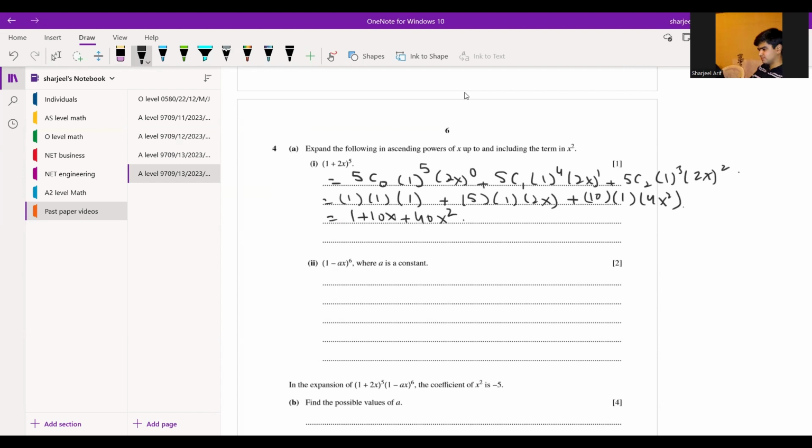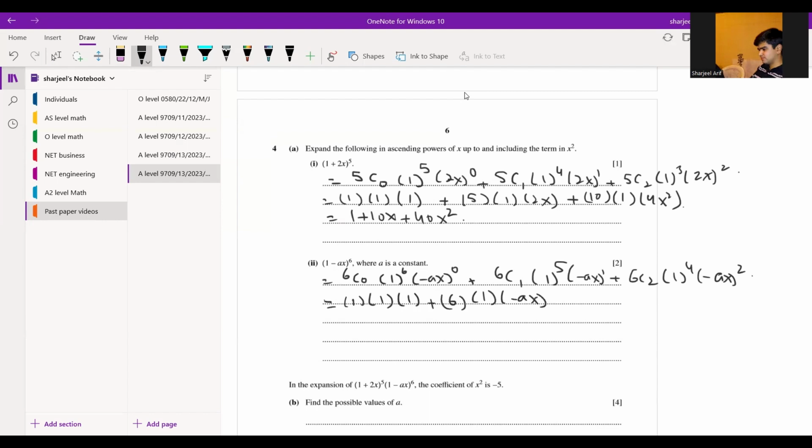For part B, this will become 6C0 × 1^6 × (-ax)^0, plus 6C1 × 1^5 × (-ax)^1, plus 6C2 × 1^4 × (-ax)^2. 6C2 is 15, minus 6ax and 15a²x².